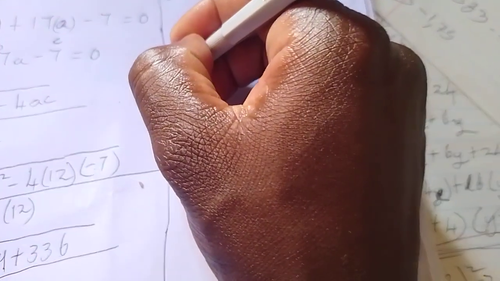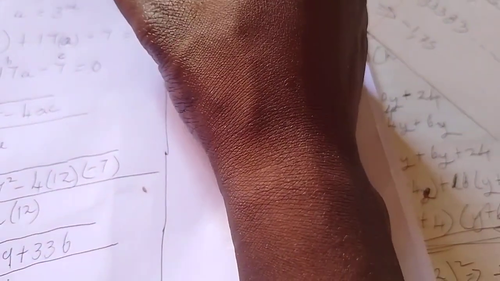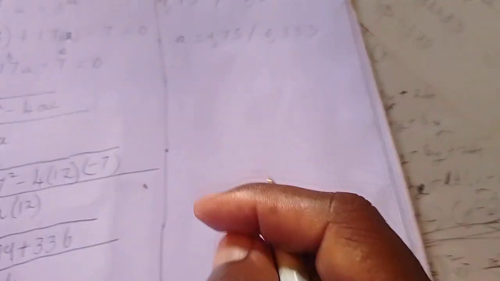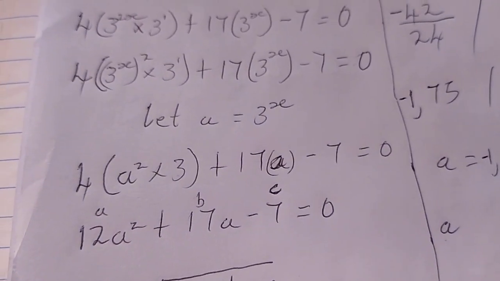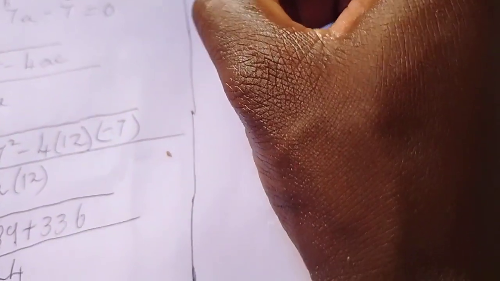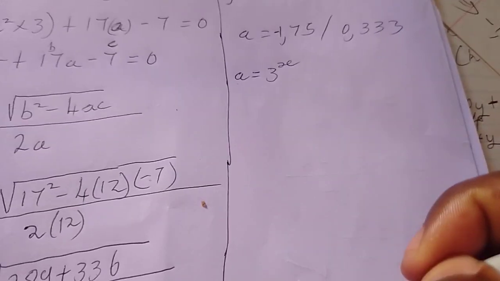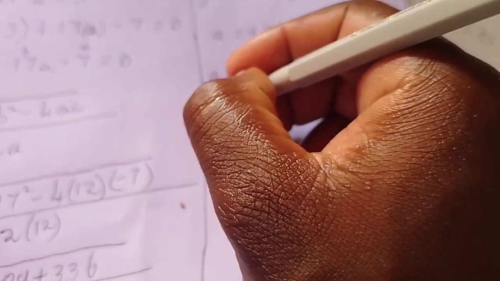But however, what we want is x. Here, don't forget, it's a negative. So remember, we said a is equal to 3 to the power of x. So we want x here.